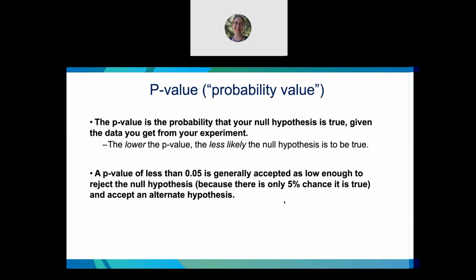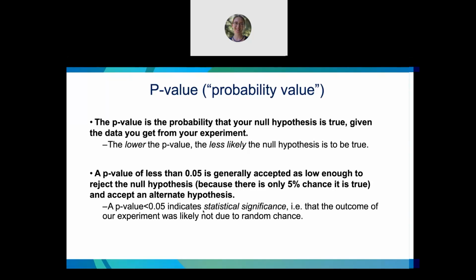So in that case, we say that chance is low enough that we can reject the null hypothesis and go ahead and accept an alternative hypothesis, like our hypothesis. And another way to put this is that a p-value of less than 0.05 indicates statistical significance. That is, that the outcome of our experiment was likely not due to random chance. Now there's only a 5% chance that our experiment was due to random chance.